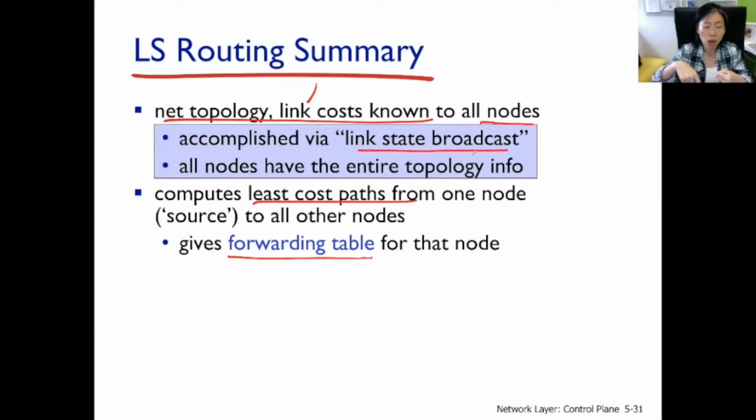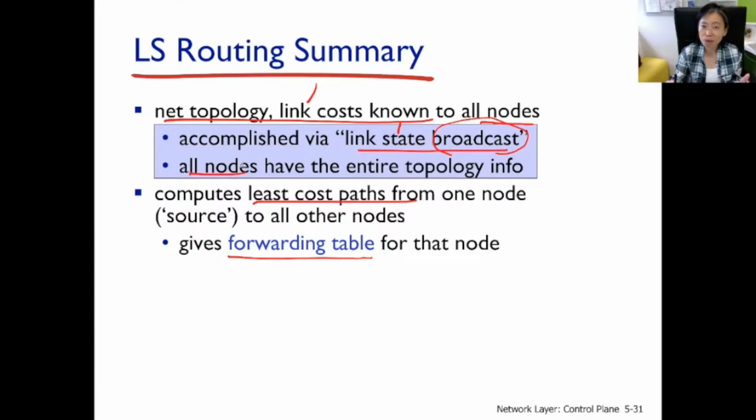So these are the local information: the node, the neighboring nodes, and the link cost to the neighboring nodes. All this local information is going to be in the link state report coming from the node. This link state report is going to be broadcast, meaning going out through the entire network, being received by all other nodes. So all nodes eventually will receive link state reports from every other node.